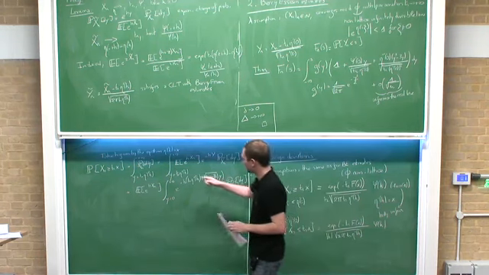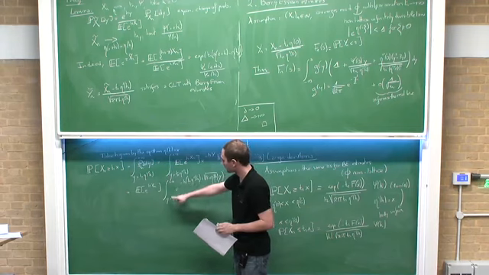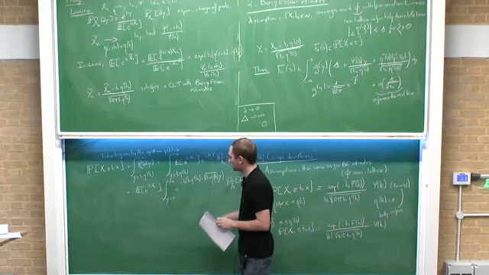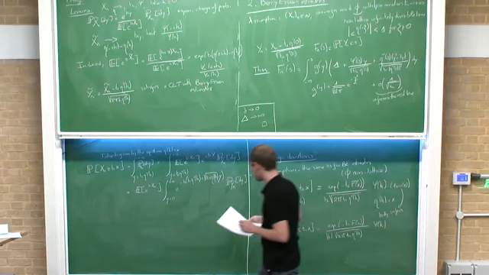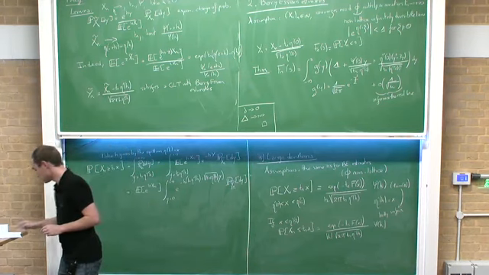I have also made a change of variable to start from 0 instead of this tn eta prime h.